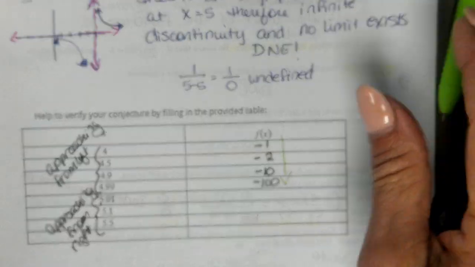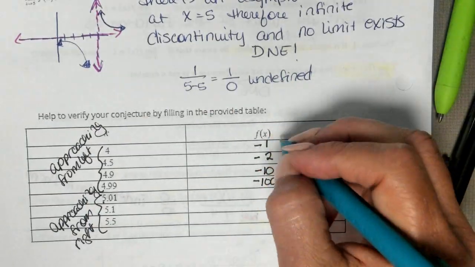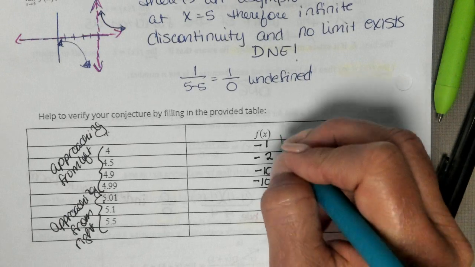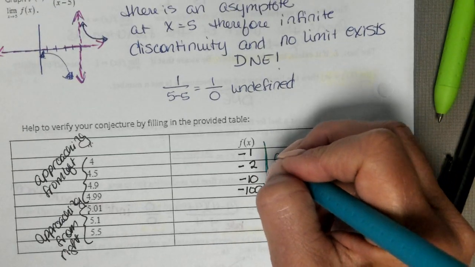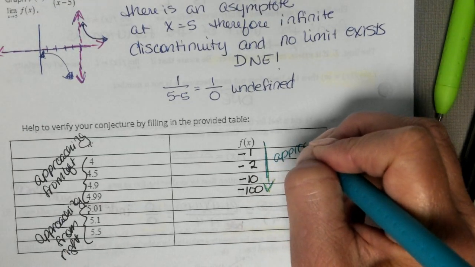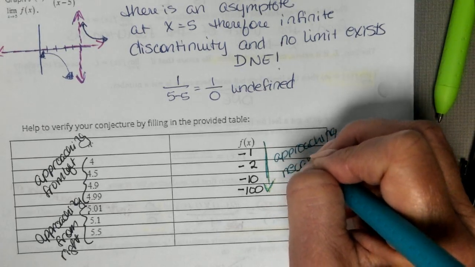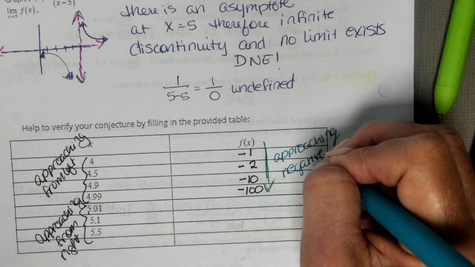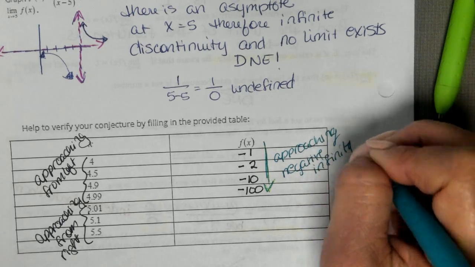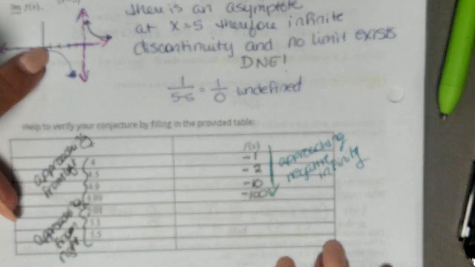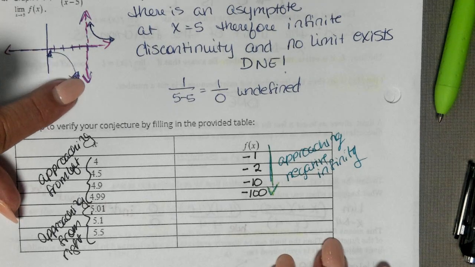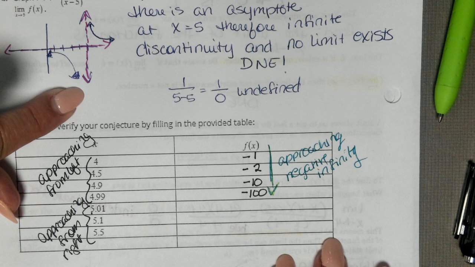This is showing that we are approaching negative infinity. And if you look at the graph, it shows that we are approaching negative infinity from the left.